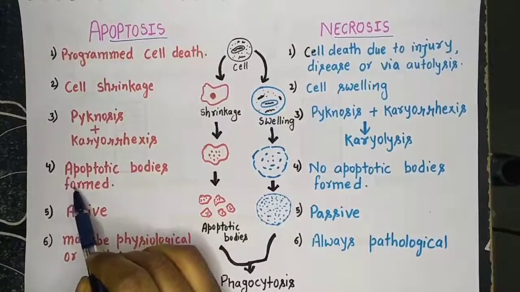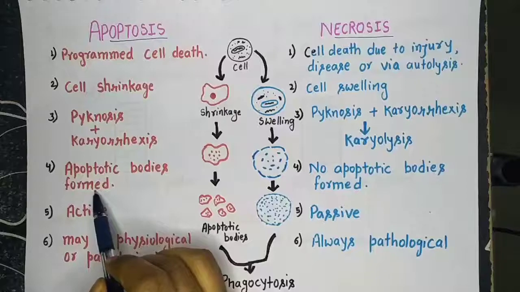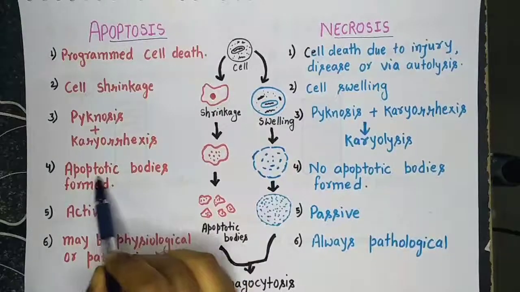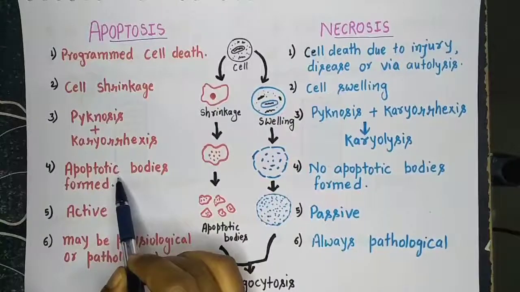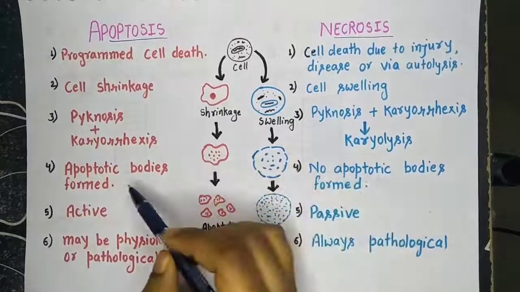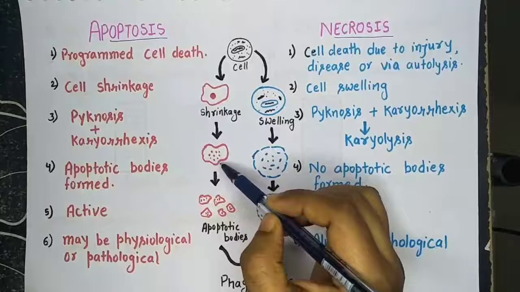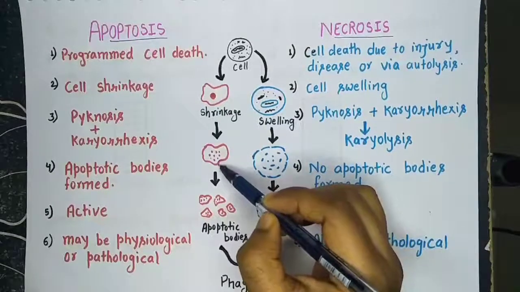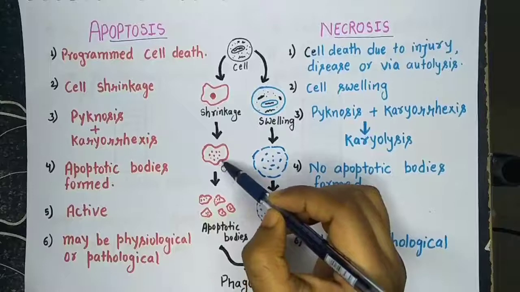Now come to the fourth point, apoptotic bodies are formed in case of apoptosis. So, how do apoptotic bodies form? Apoptotic bodies are small bleb-like structures that separate out from the main cell.